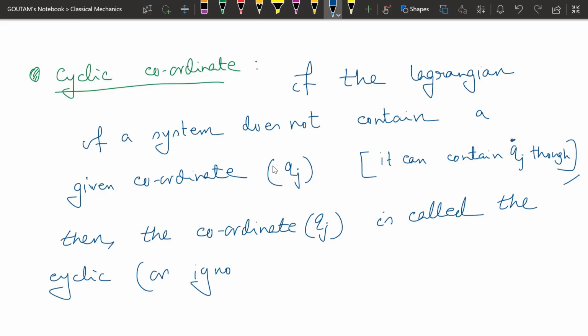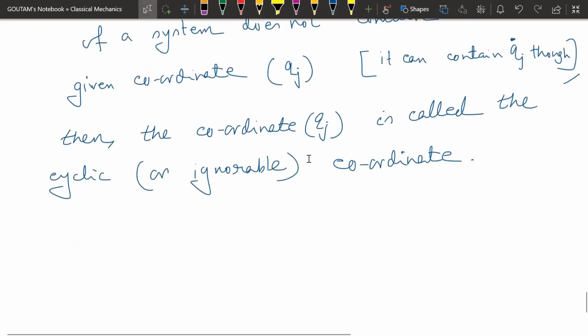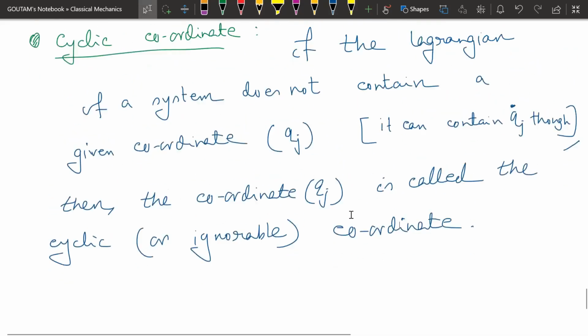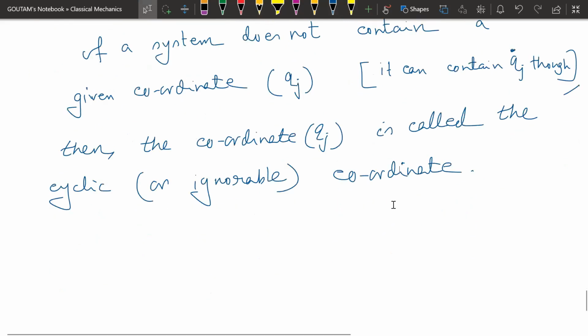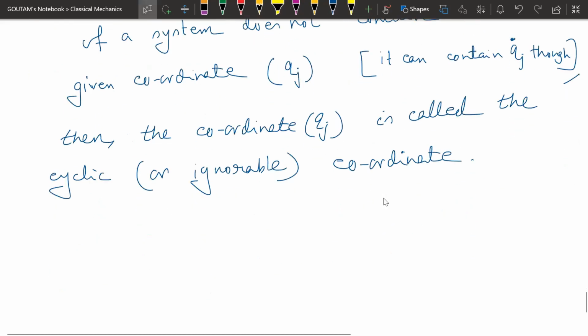I will explain why it is ignorable. So now let's see why it is called cyclic or ignorable. Can you really ignore it? The answer is yes. So let's see how.